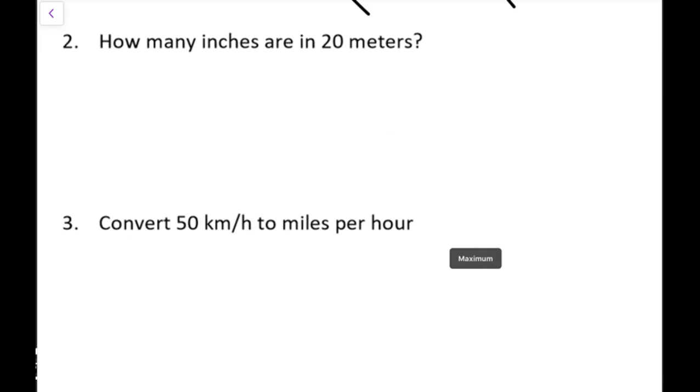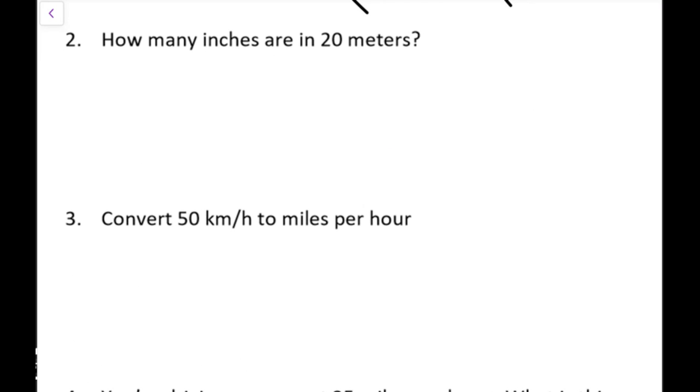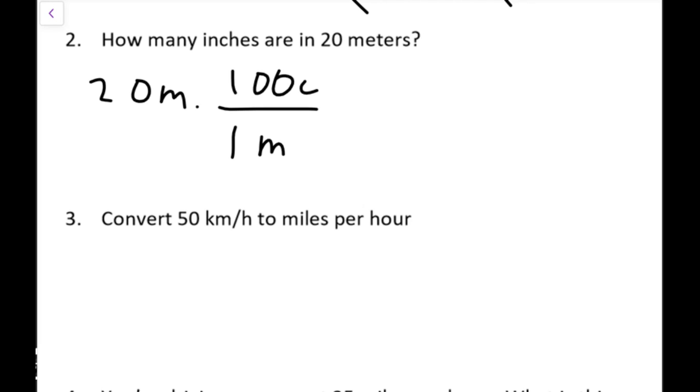Okay, how many inches are in 20 meters? So this one's a distance one. Again, starting out, always put the one we're starting out with on top, 20 meters. And now we've got to go to inches. So we have the conversion factor that 1 meter is 100 centimeters. We have to go to centimeters first because we know the conversion between centimeters and inches. There is 2.54 centimeters in an inch.